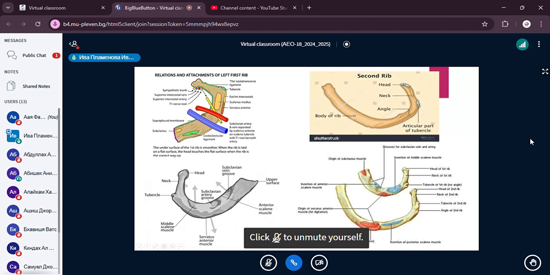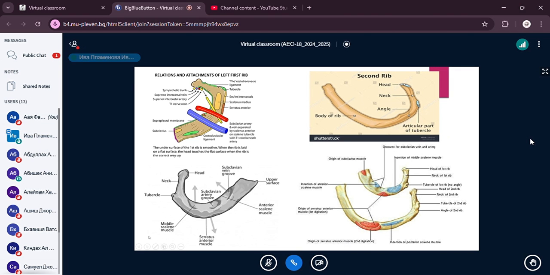Again, we have neck with tubercle, and that's the body, which is flattened up to down. We don't have angle. That's the groove for the subclavian artery. That's the groove for the subclavian vein. Here is the tubercle of the anterior scalene muscle.